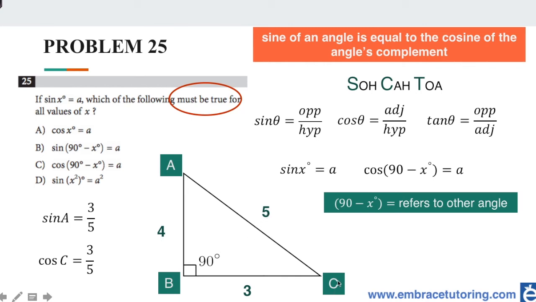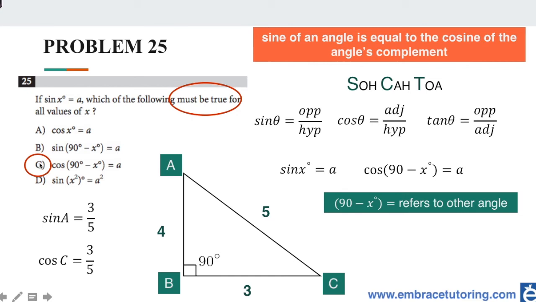So for the cosine of c, because cosine of theta is equal to adjacent over hypotenuse, my cosine of c is going to be 3 over 5, which, yes, is equivalent to my sine of a, because my sine of a is my opposite over my hypotenuse, whereas the cosine is my adjacent over my hypotenuse. So these two things do equal each other, and because they do, c is going to be your best possible answer.